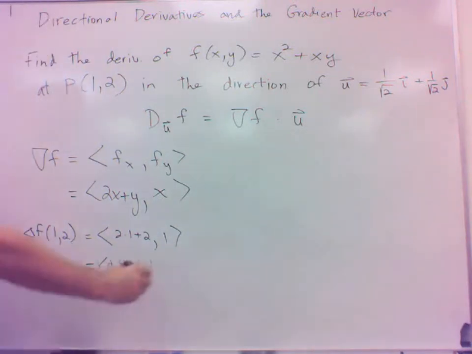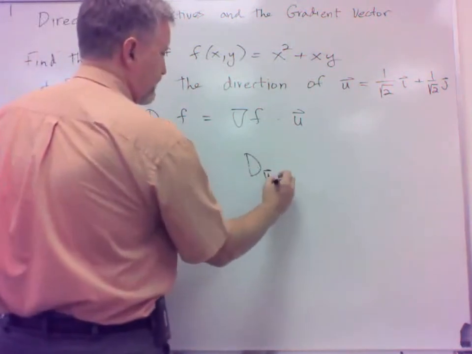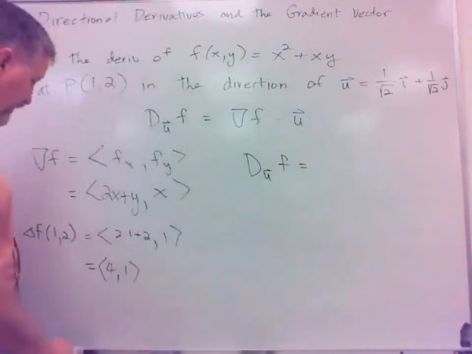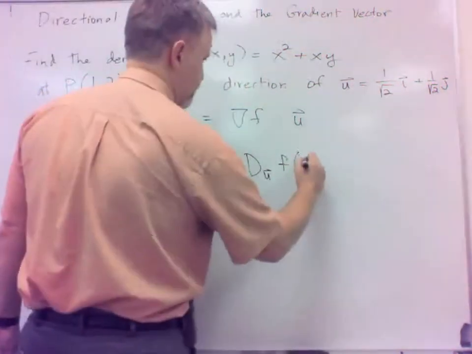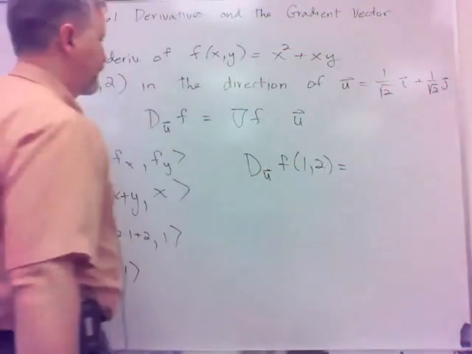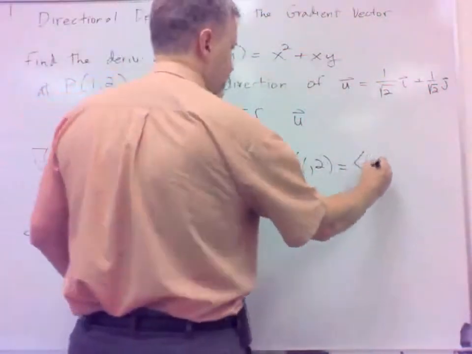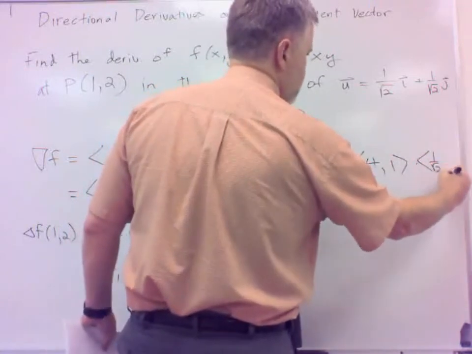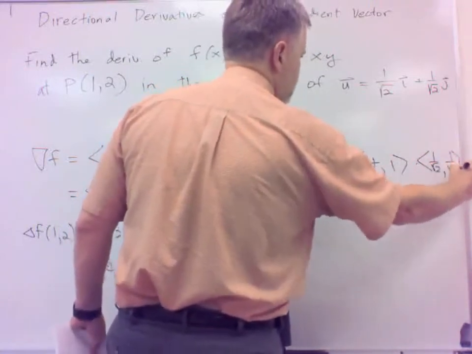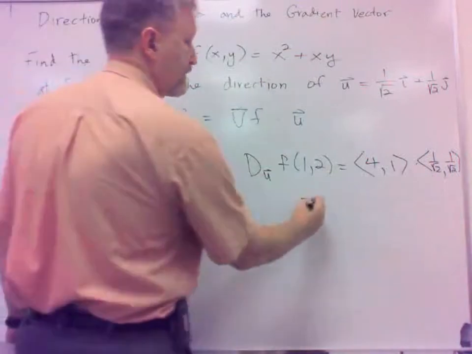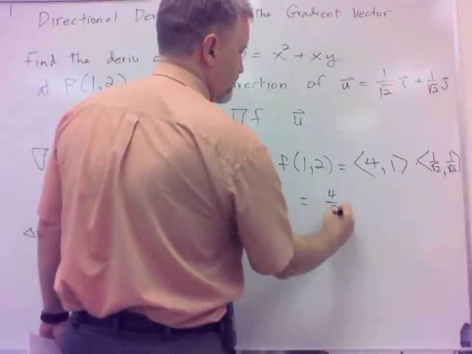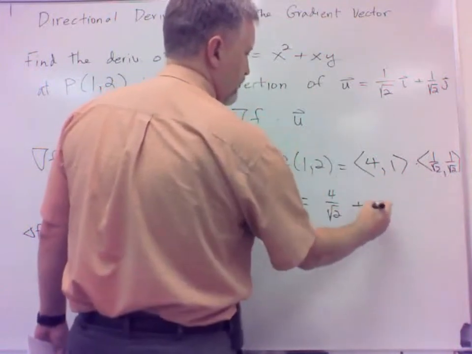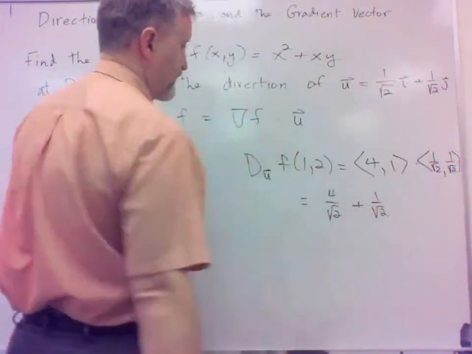And so our directional derivative in the direction of u of f at (1, 2) would be, we take (4, 1) and dot that with unit vector (1 over square root of 2, 1 over square root of 2). It'd be 4 over the square root of 2, so we just take that times that, plus then the 1 times 1 over the square root of 2. That's just 5 over square root of 2, isn't it?